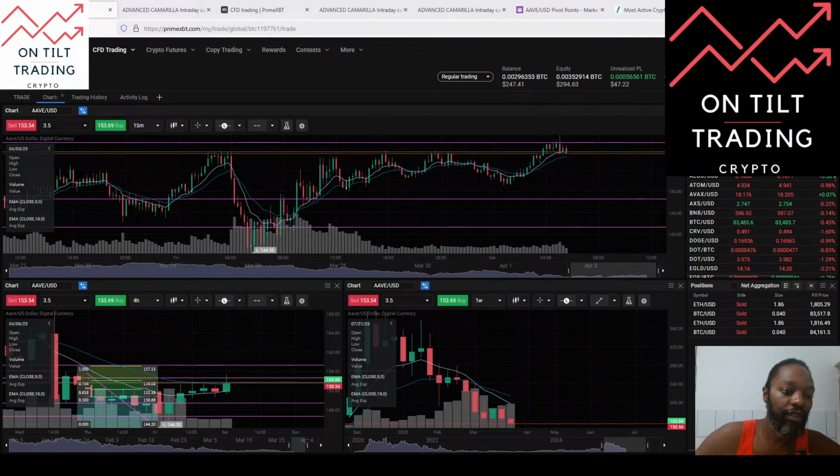If you come down here on the 4-hour, you'll see this Fibonacci retracement tool. My stop loss would need to be here for me to be comfortable taking this trade. It would need to be above this one here for this candle. This is where my stop loss would need to be.